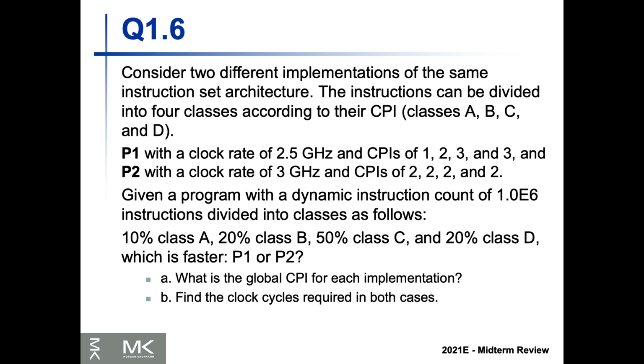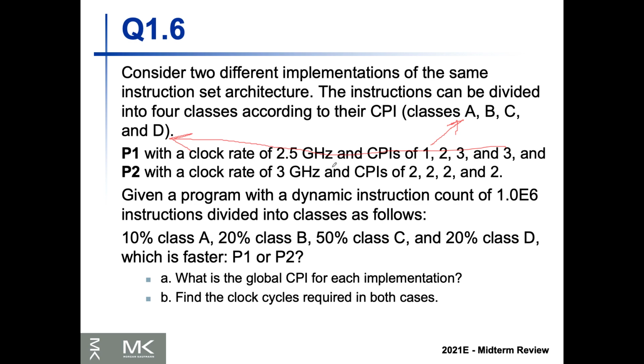P1 has a clock rate of 2.5 gigahertz and CPIs of 1, 2, 3, and 3, from the first class up to the last class. Just like that, you have another processor, P2, with a clock rate of 3 gigahertz and CPIs of 2, 2, 2, and 2.